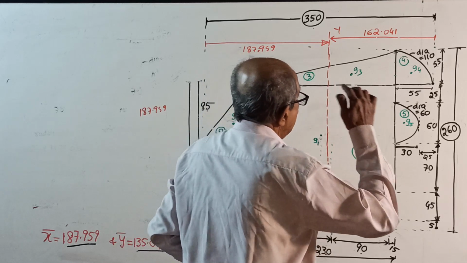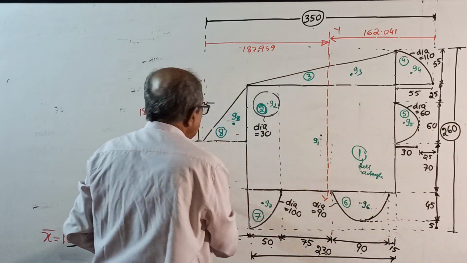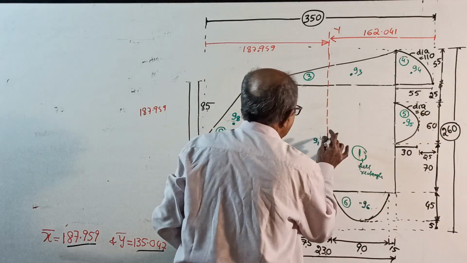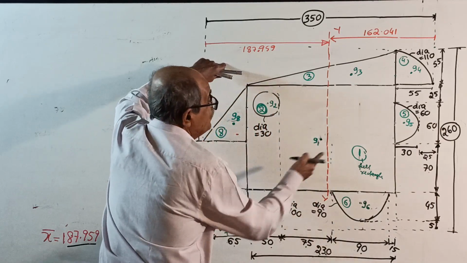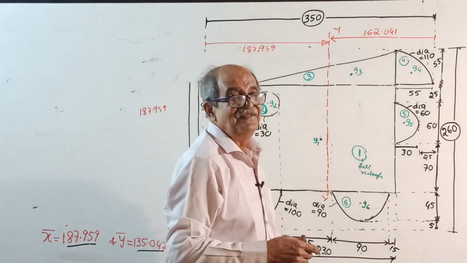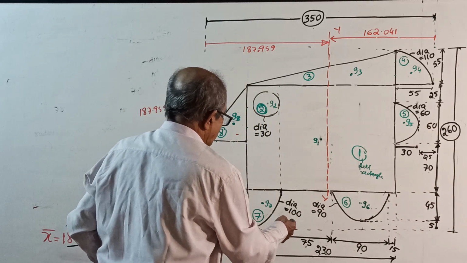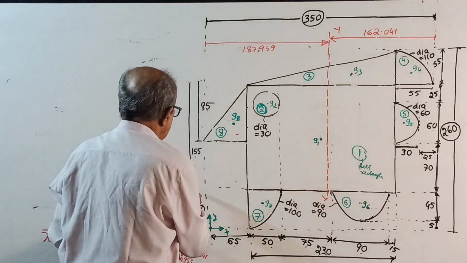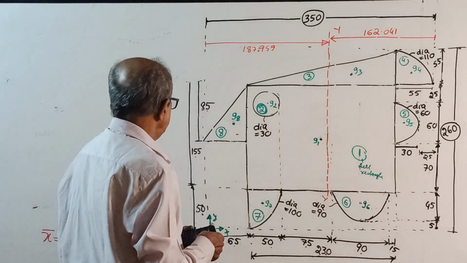Oh, sorry. This is not 260. Oh, see, the height of rectangle is 155. Okay, what I wrote earlier is correct. Height of rectangle is 155, not 260. See, sometimes these small things happen. So therefore, from here to the centroid of rectangle is 50 plus 155 by 2, which is 127.5.